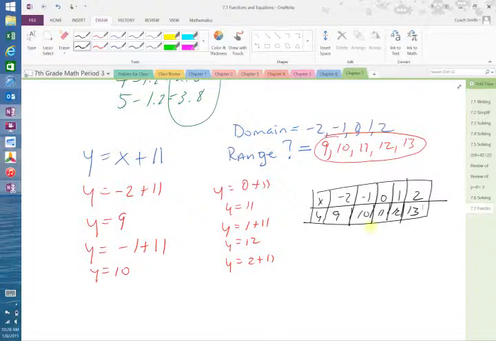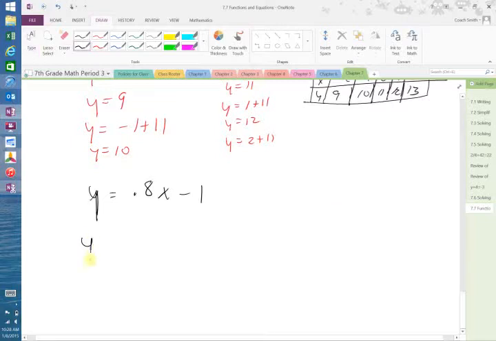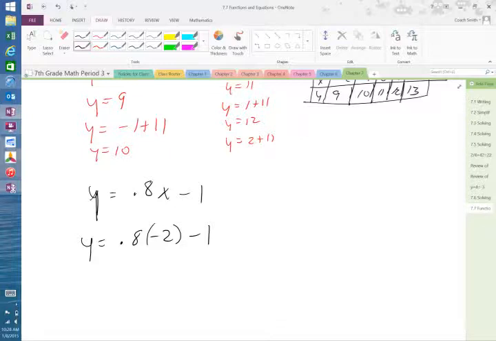So what if they had y is equal to 0.8x minus 1? They want you to do the same thing. So we plug in y is equal to 0.8 times -2 minus 1. Well, what is 0.8 times 2? 1.6.